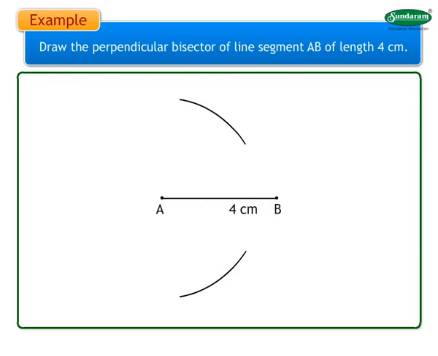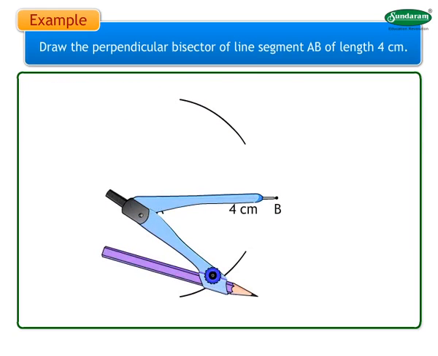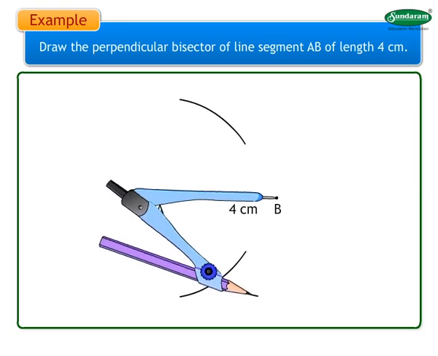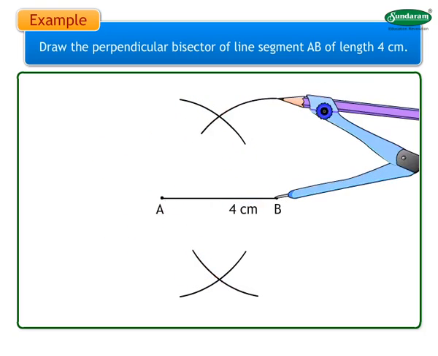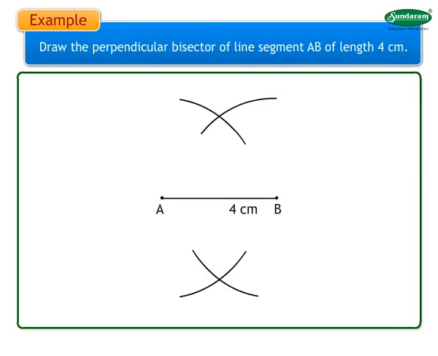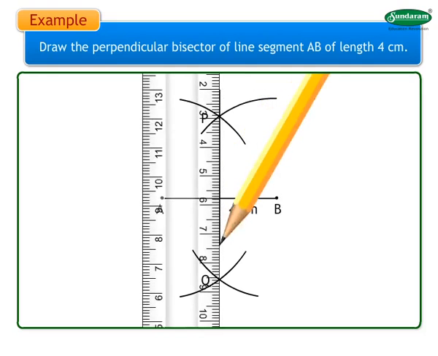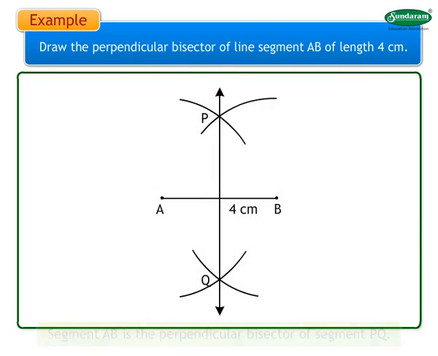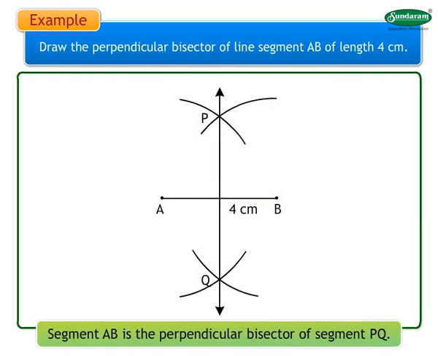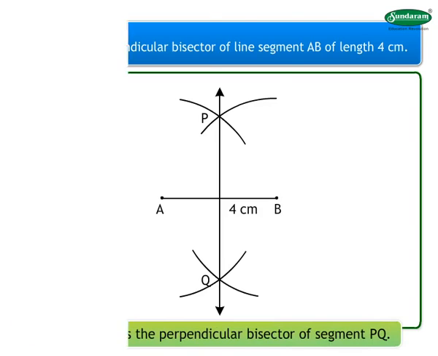Now, keeping the same span and taking B as the center, draw an arc on each side of segment AB to intersect the arcs drawn before. Name the points of intersection as P and Q. Now, draw line PQ. Thus, segment AB is the perpendicular bisector of segment PQ.